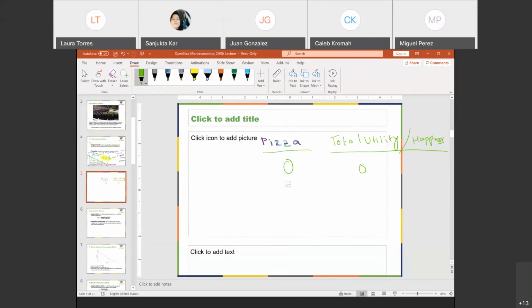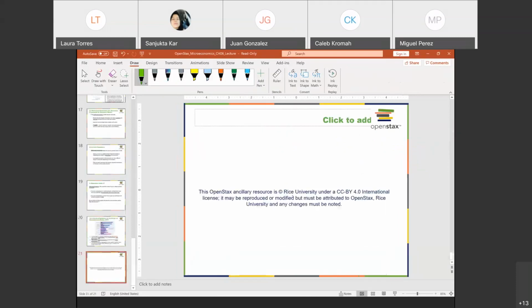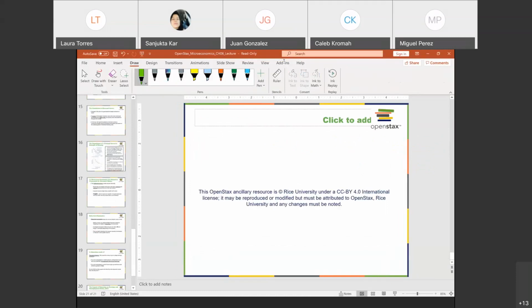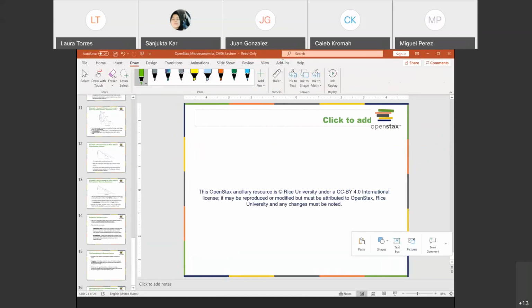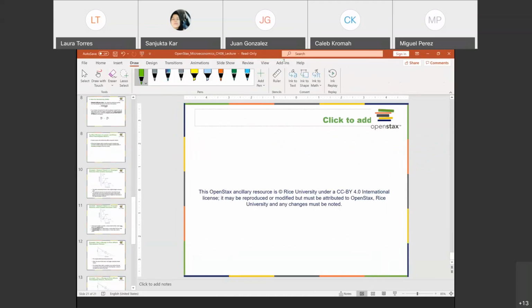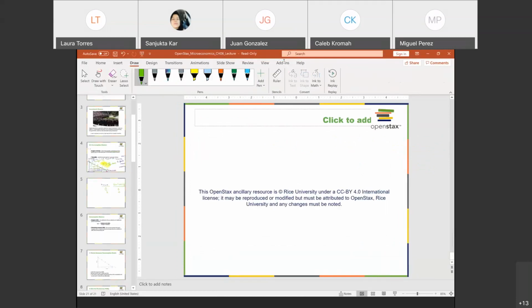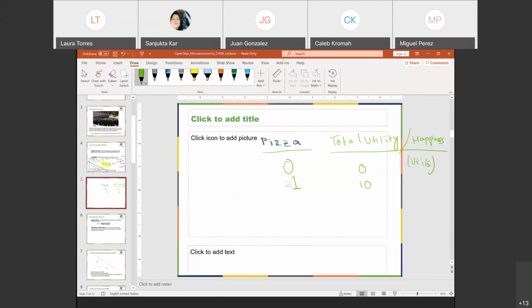Now, I'm going to eat 1 slice of pizza. My happiness goes all the way to 10. Here, let's say I'm measuring happiness by this unit, which is called utils. Now I'm going to buy and eat another slice of pizza.